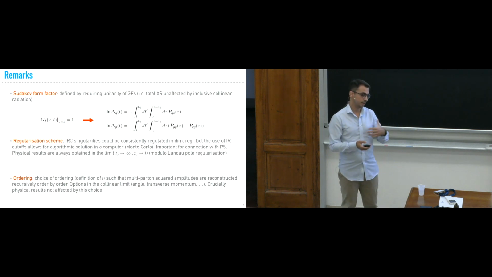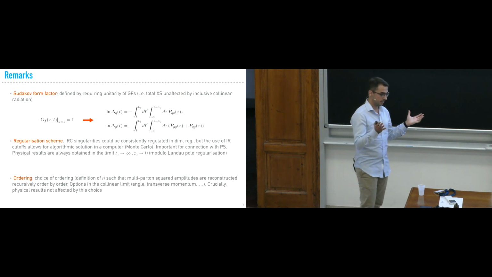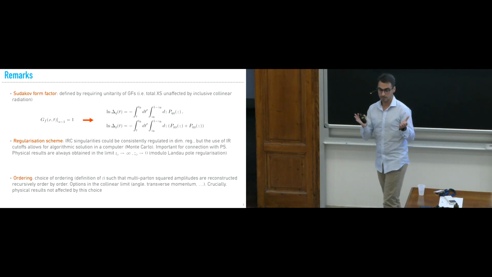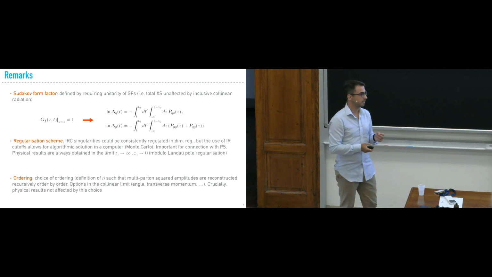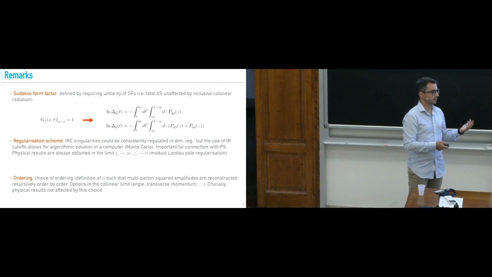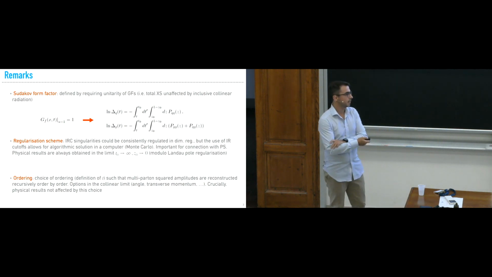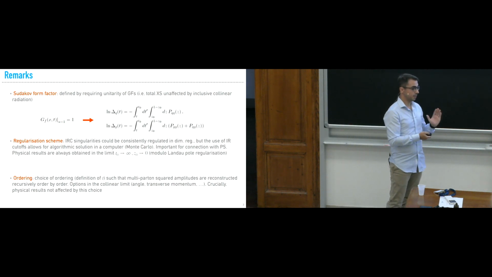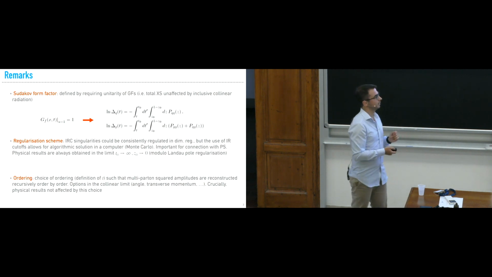For instance, in other cases like soft wide-angle evolution, this is governed by similar equations, but that actually involve color dipoles in the planar limit instead of individual partonic propagators. And in that case, you can show that a choice like angle wouldn't reproduce the correct squared amplitude, and therefore would lead you to the wrong result. But as long as you are careful with that, the physical result should not depend on the choice of ordering. If it does, there is something wrong in what we're doing.